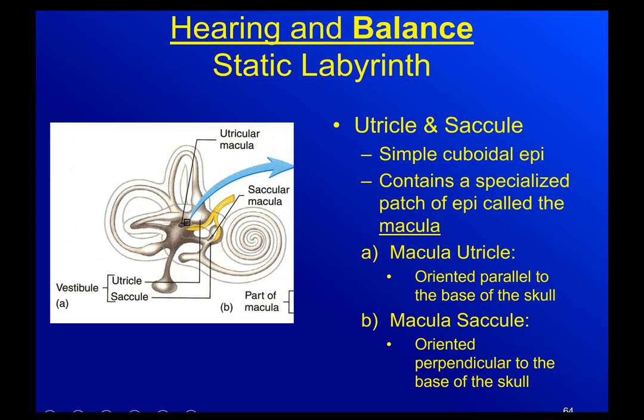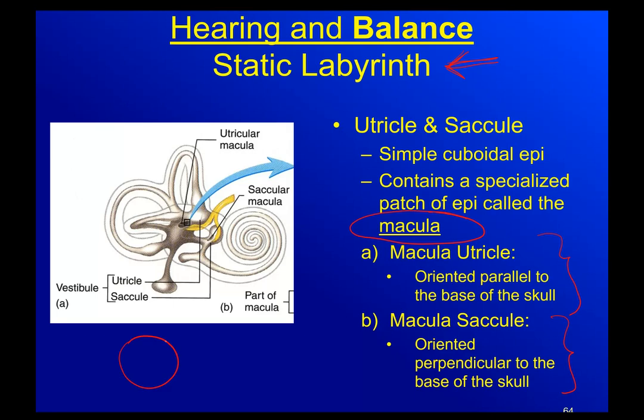So let's start with the static labyrinth, okay? The utricle and the saccule are actually simple cuboidal epithelium. They contain a specialized patch of epithelium called the macula. And you've got the macula utricle and the macula saccule, okay?